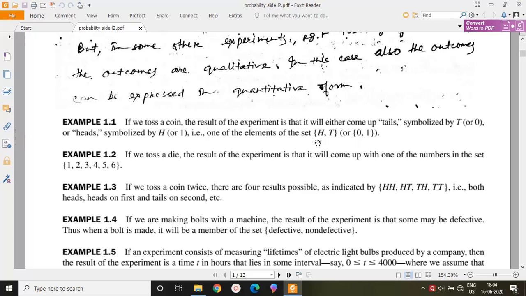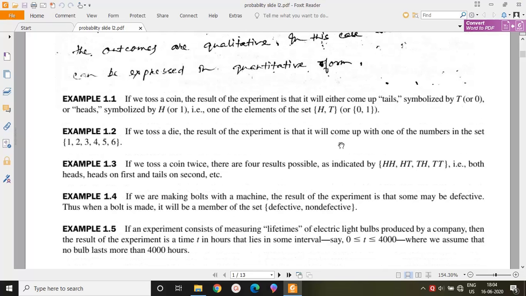In another way, I can write 1 for head and 0 for tail. So these 0 and 1 are numerical figures. So by designating 1 for head and 0 for tail, what we have done is that we have converted the qualitative results into quantitative ones.